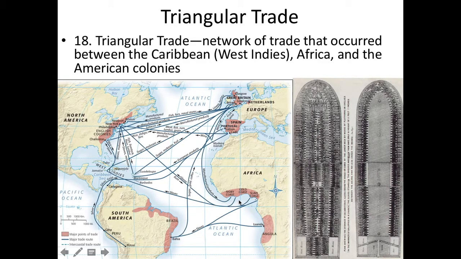They would load up some slaves, and then they'd be brought to the New World to work on the crops and the plantations eventually. And this slave trade that gets started because of triangular trade is how most of the slaves in North America are going to be brought over, and they're going to be brought over to grow the crops so they can trade with Britain and other countries in Europe.